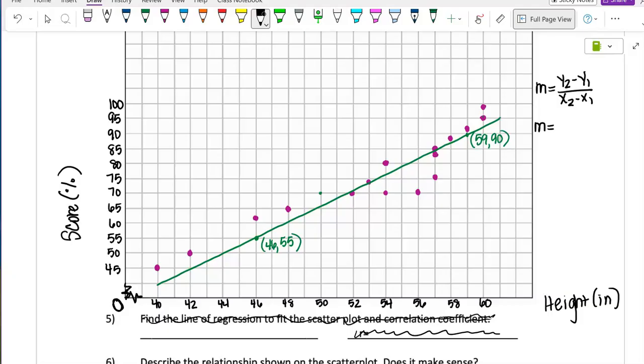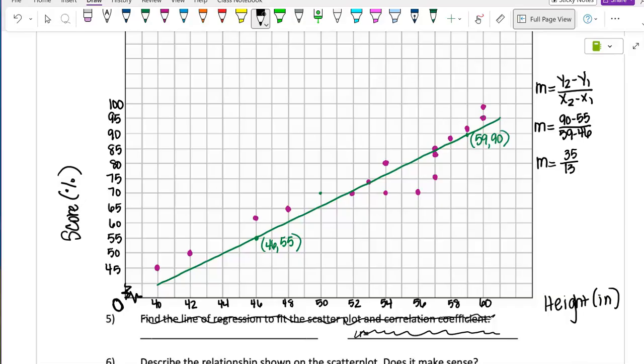So in this case, our slope is going to be 90 minus 55 divided by 59 minus 46. So 35 over 13. And since 13 is a prime number, we can't simplify that any further.